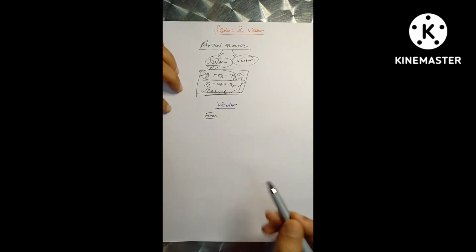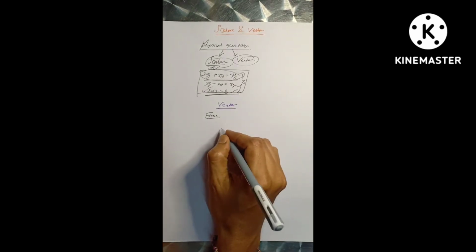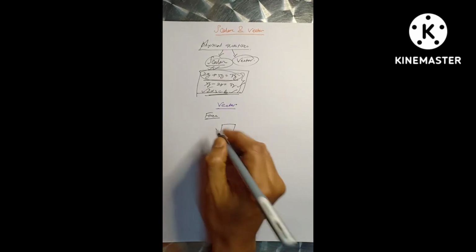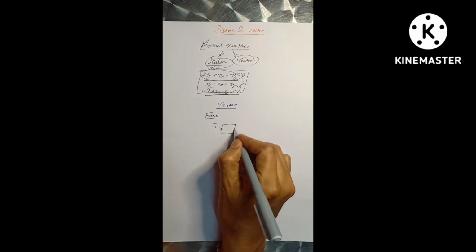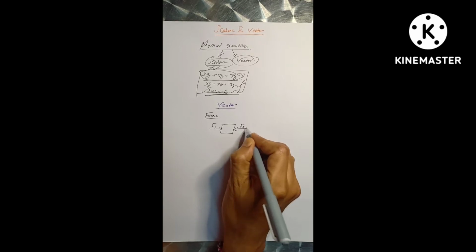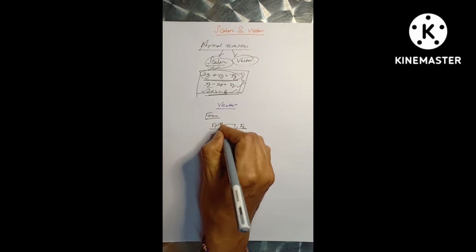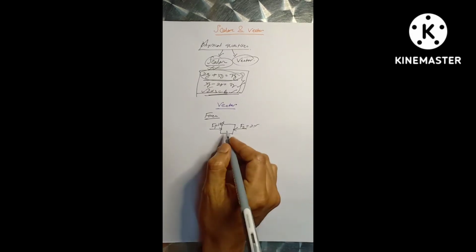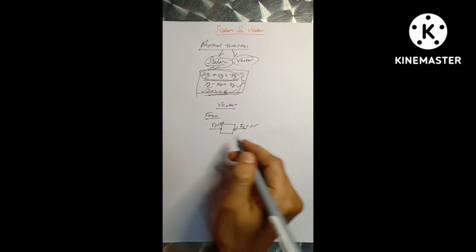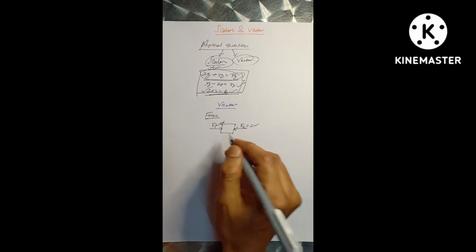So how can we understand this? Suppose a box: you apply a force F1 along this direction and another force F2 along this direction. Suppose F1 equals 10 Newton and F2 equals 2 Newton, then the block will move in the resultant direction with the resultant force.